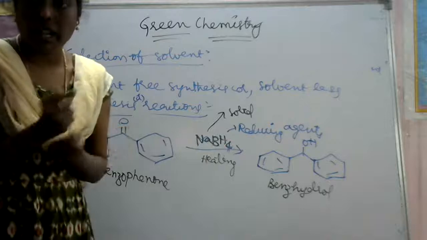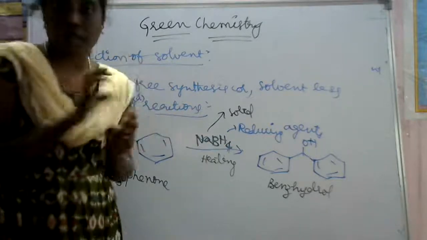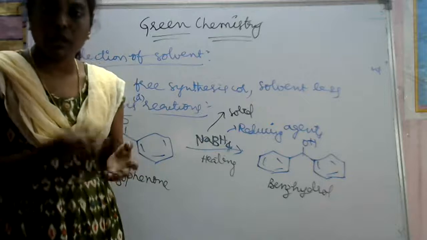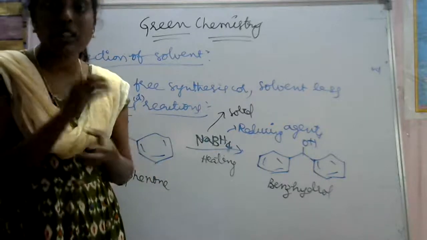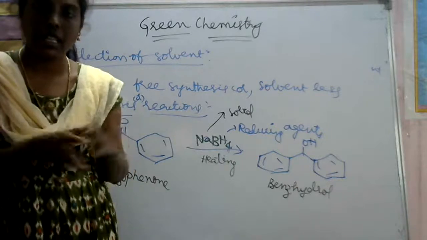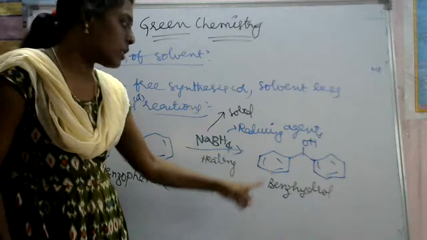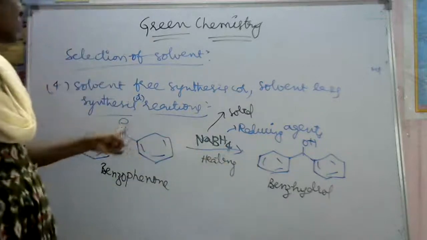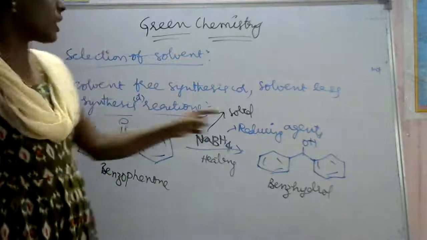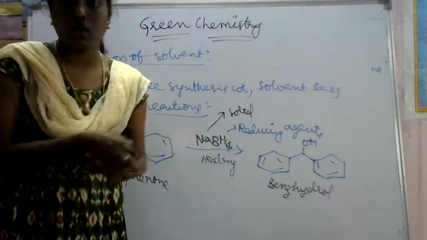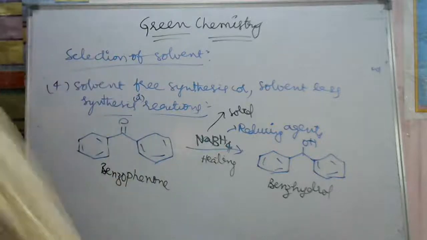We have to grind and mix with the help of mortar and pestle, then transfer it into a round bottom flask for heating. After some time, the ketonic group is converted into an OH group, meaning they are adding hydrogens. That is called reduction.